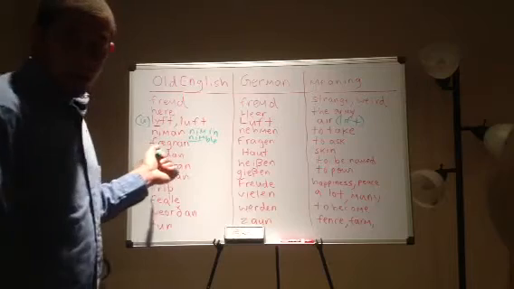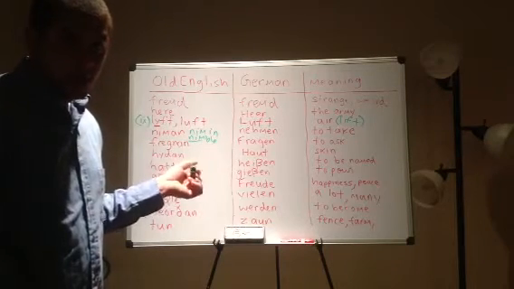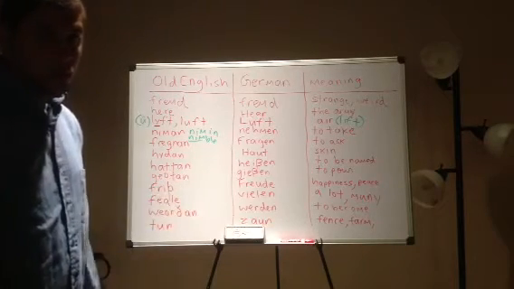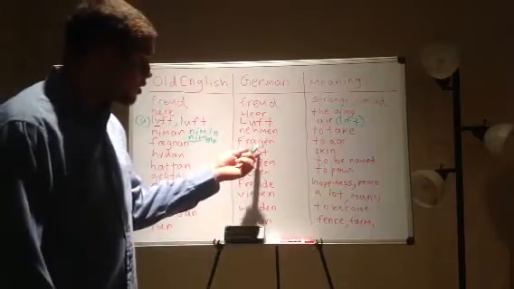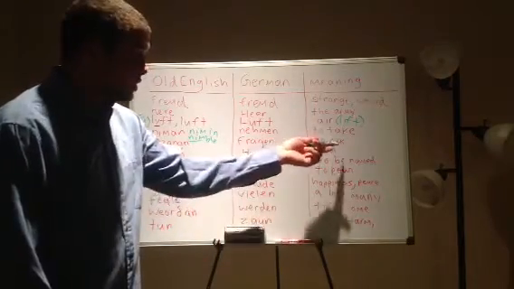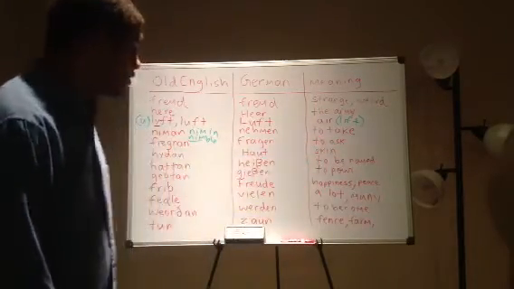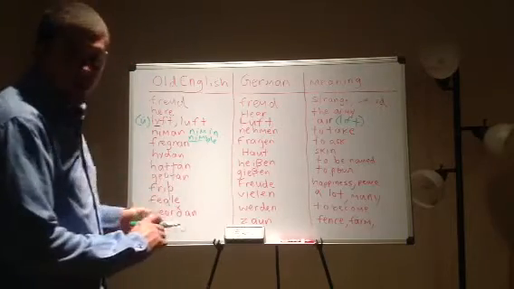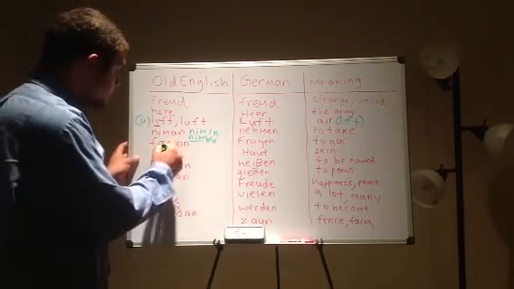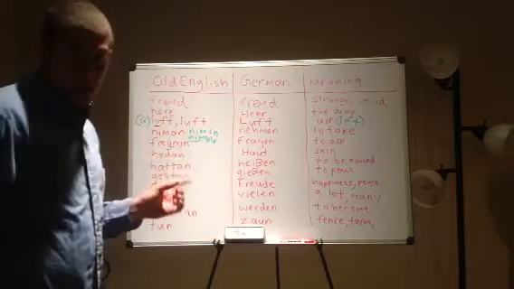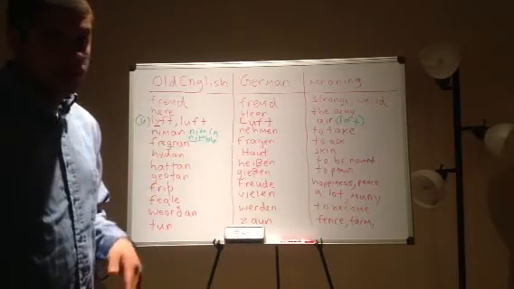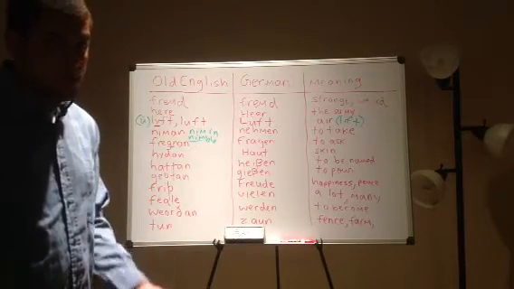In Old English, we had the word "frainen". "Frainen" corresponded with German "fragen", which was to ask a question. This G that you see, the G was always pronounced as a Y, as in the word "year".